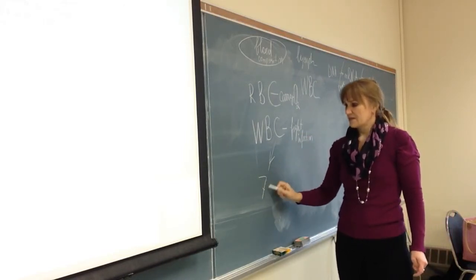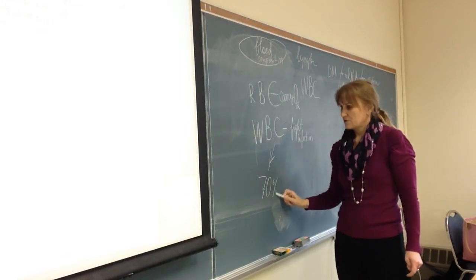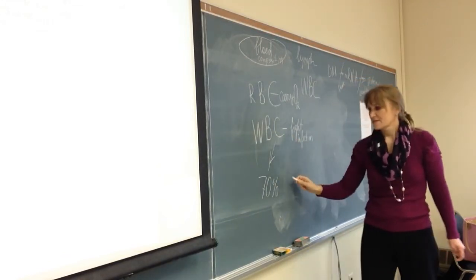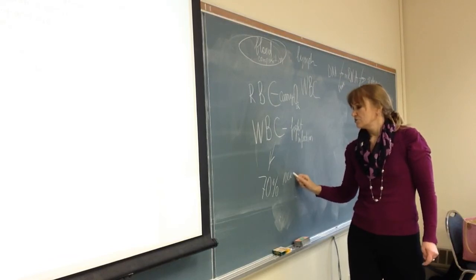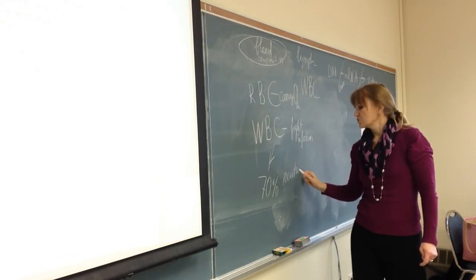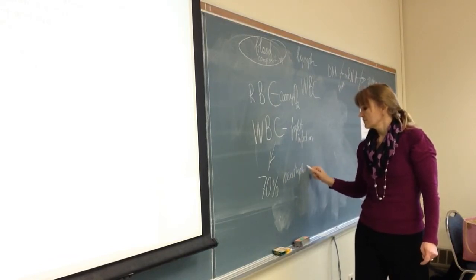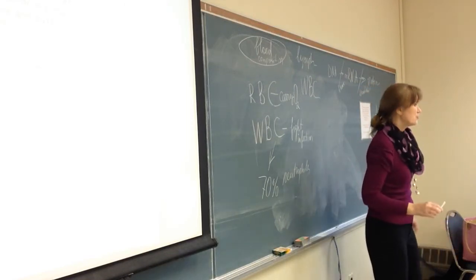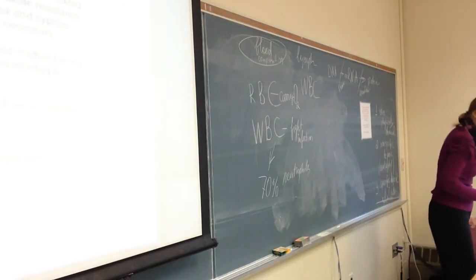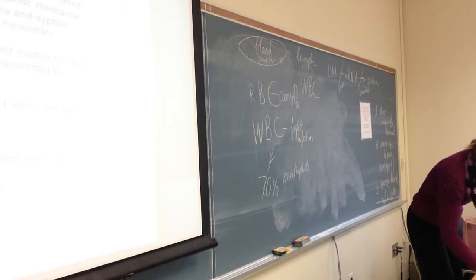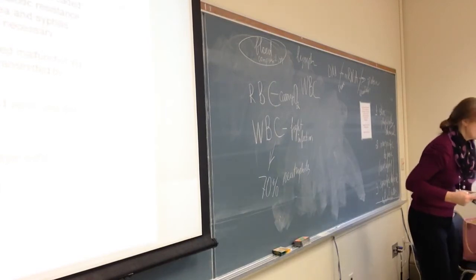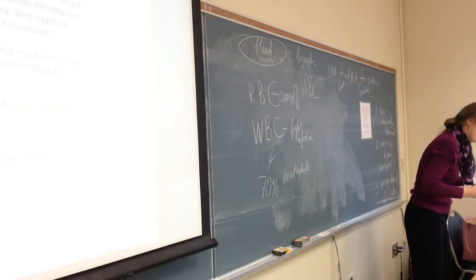Now 70% of the total number of white blood cells are neutrophils. Neutralizers. Neutrophils. Did I write the word neutrophil correctly?